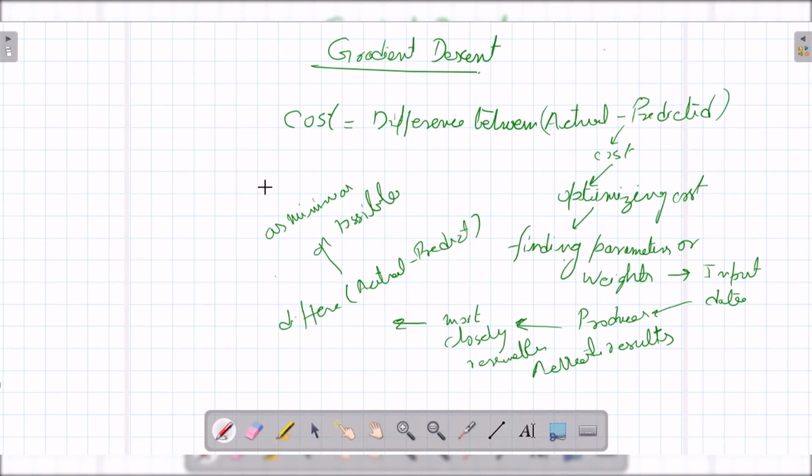So this whole process is called cost optimization. And gradient descent lets you do it very efficiently. So we'll just understand what gradient descent is with an example.